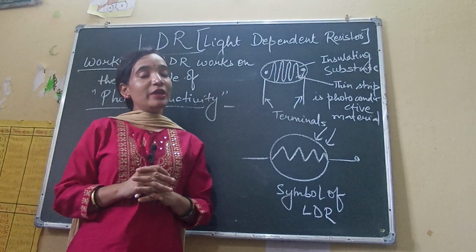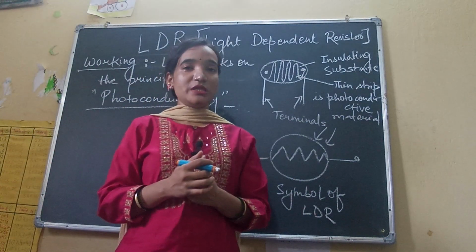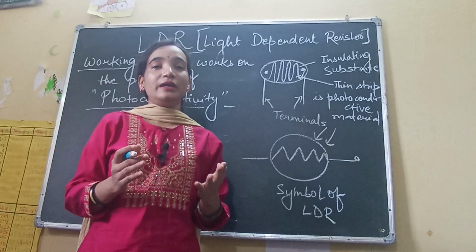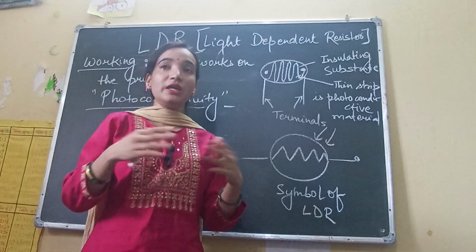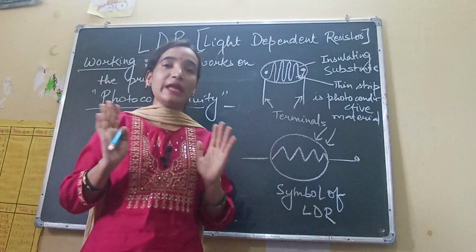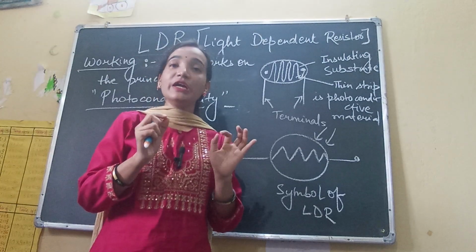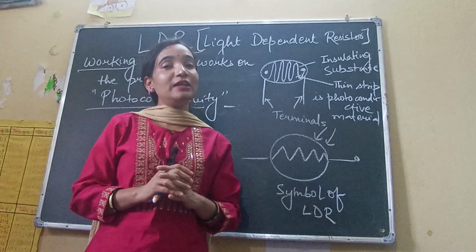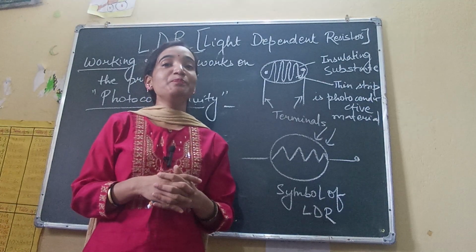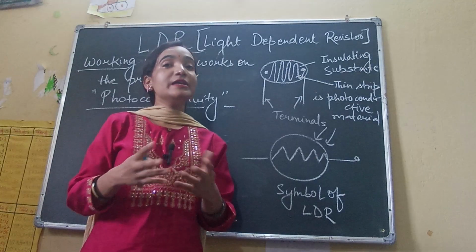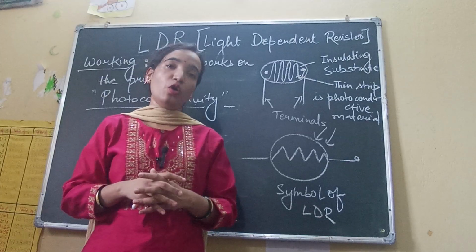For example, suppose we are holding an LDR in a room with sufficient ambient normal light, and we take a reading of its resistance. We will find that its resistance is low, in the range of kilo ohms or maybe mega to kilo ohms.